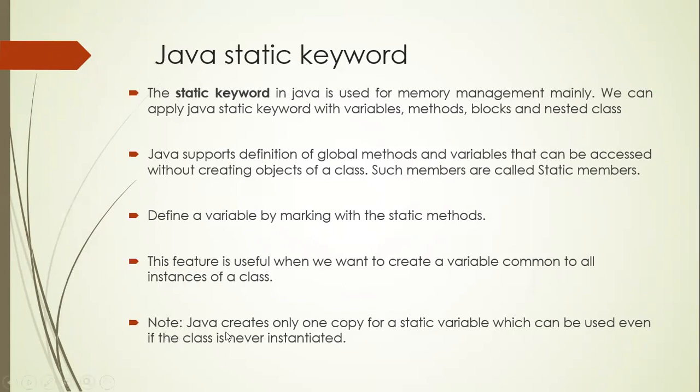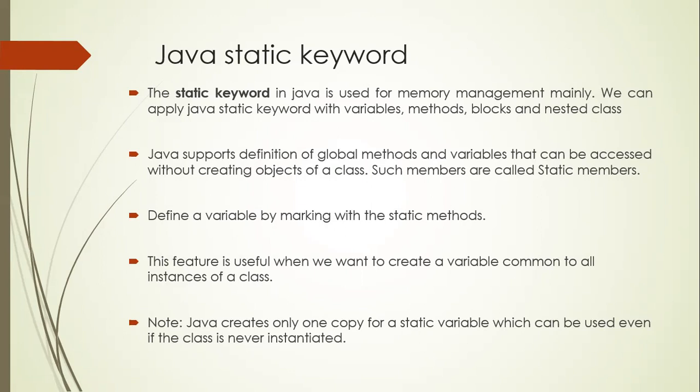Note, Java creates only one copy of a static variable, which can be used even if the class is never instantiated. Please read once again: Java creates only one copy of a static variable which can be used even if the class is never instantiated.